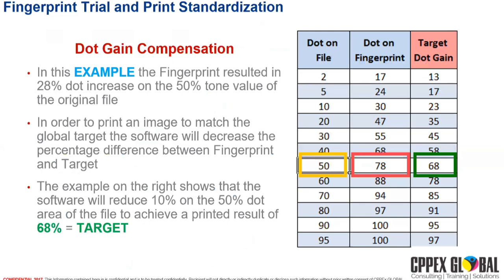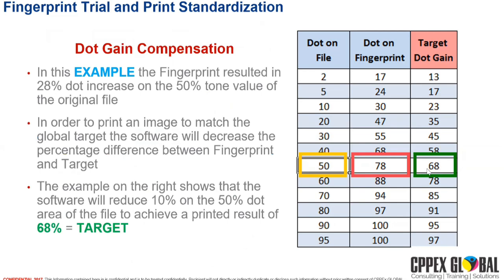Then another: dot gain compensations. In this example, the fingerprint resulted in a 28% dot increase on the 50% tone value of the original file. Like a dot on file of 50%, and the actual dot on fingerprint is 78, but the target dot is 68.